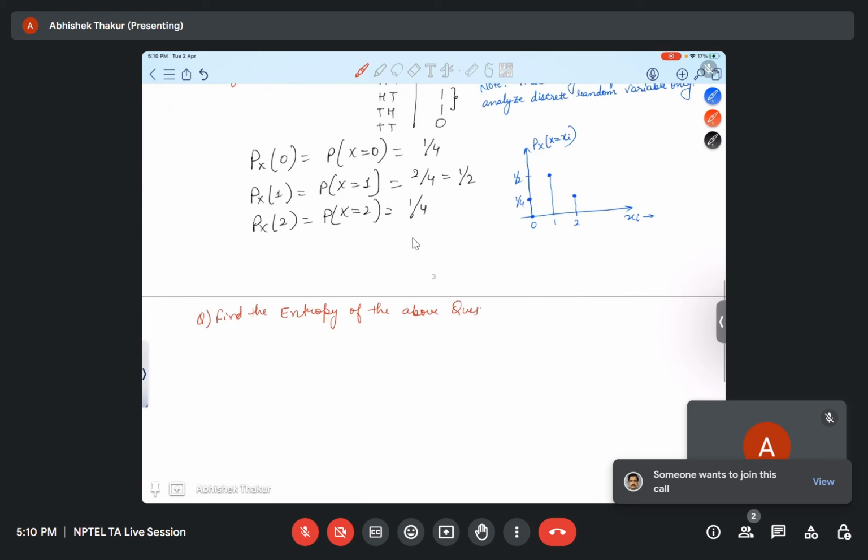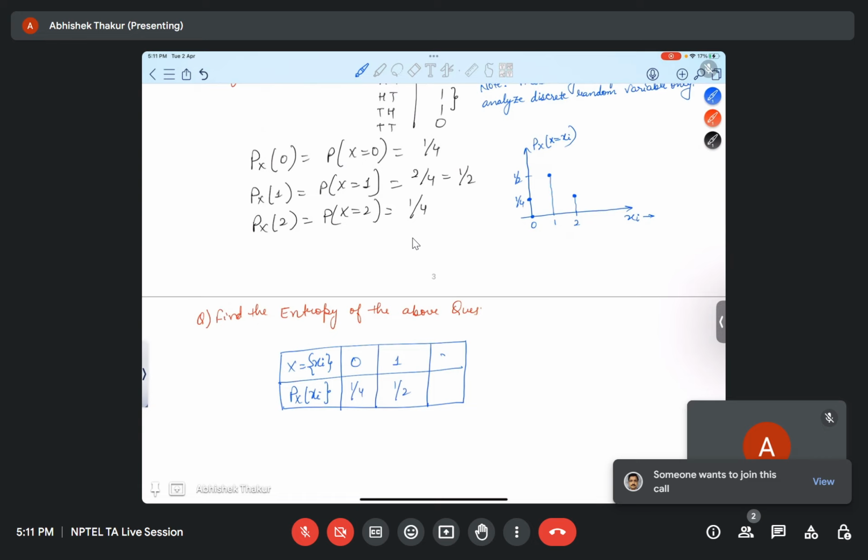So in this case, we'll write the probability mass function. So for each value of xi, we have assigned the probability.